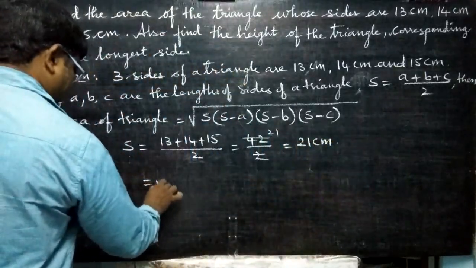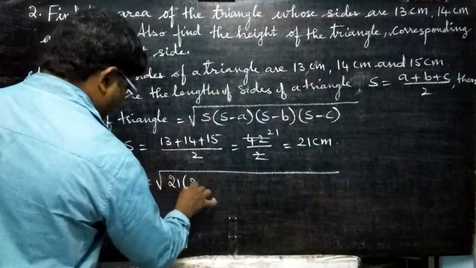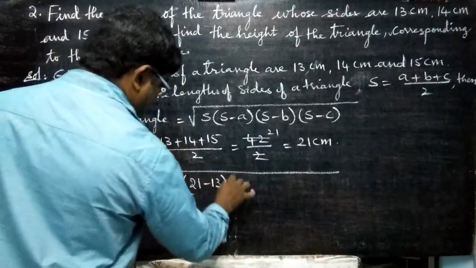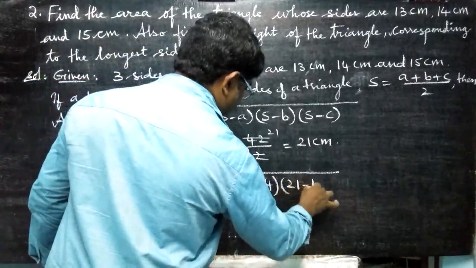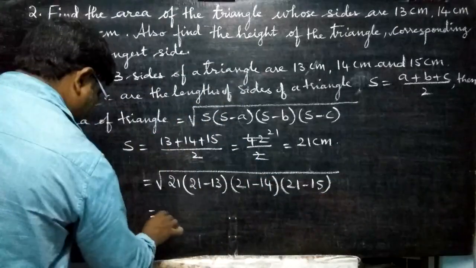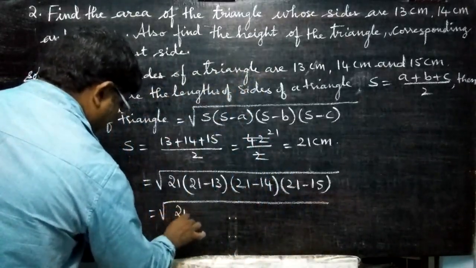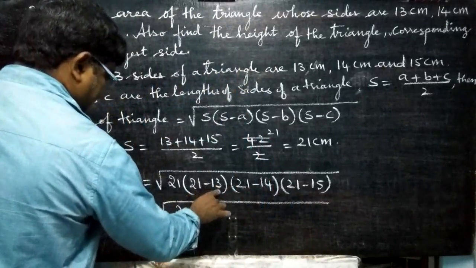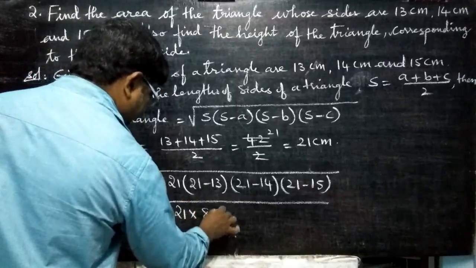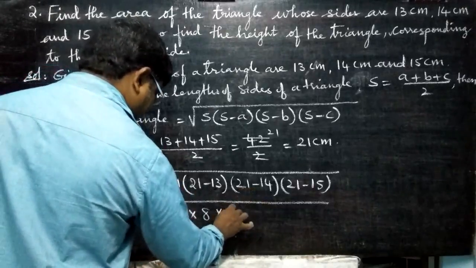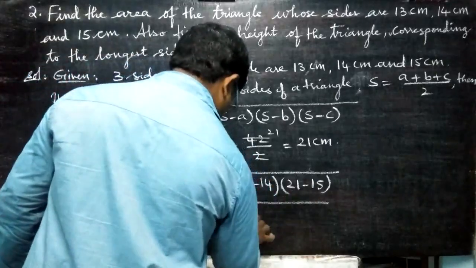Now the area is equal to the square root of 21 into 21 minus 13 into 21 minus 14 into 21 minus 15. That is equal to the square root of 21 into 8 into 21 minus 14, 7, into 6.